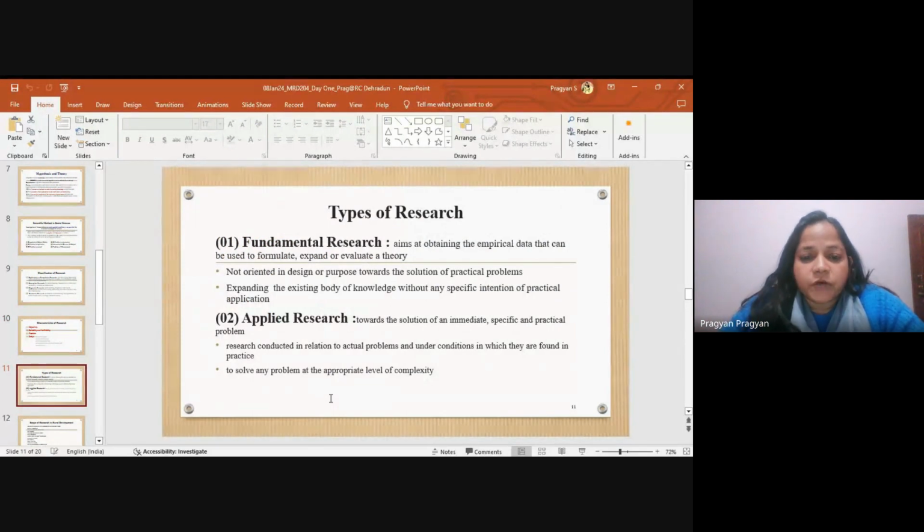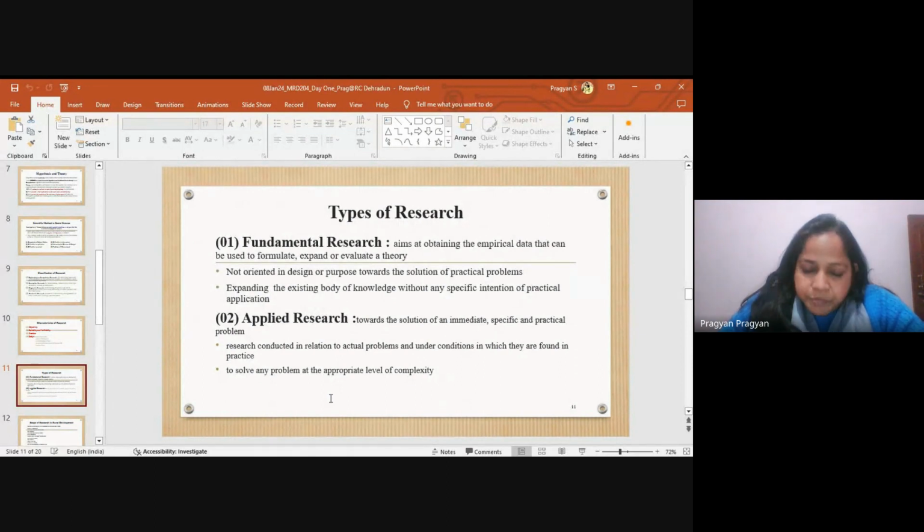One is fundamental research, and the second is applied research. Again, if you try to understand, fundamental research is basically basic research. That means it aims to obtain the empirical data that can be used to formulate, expand, create, evaluate, or add any new dimension to a theory.